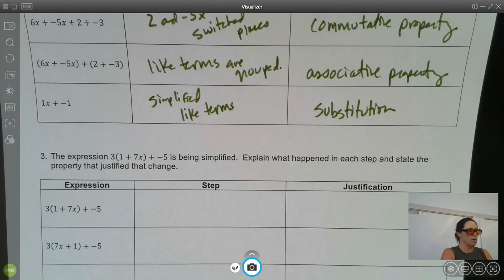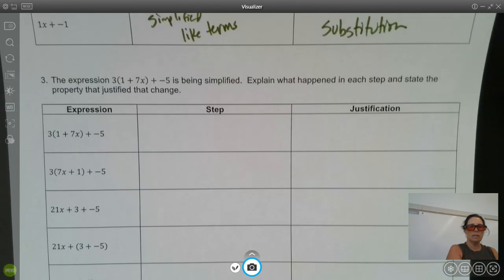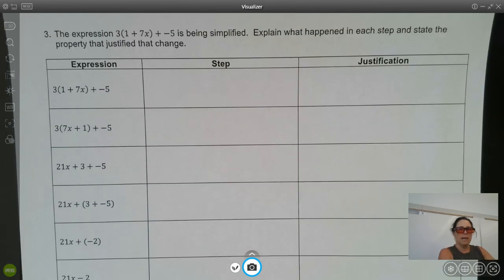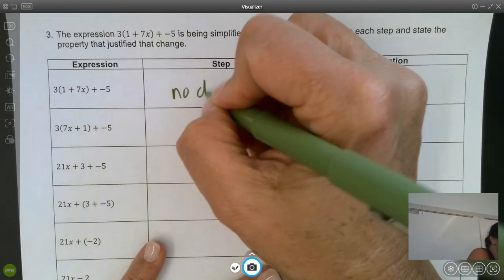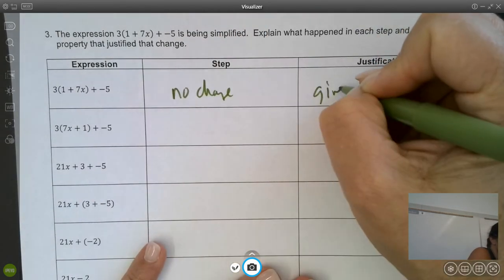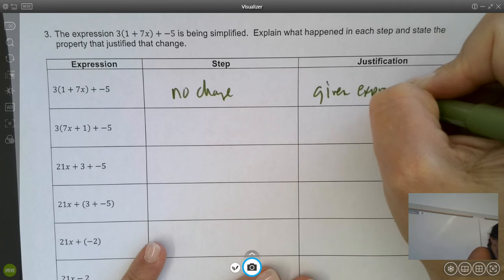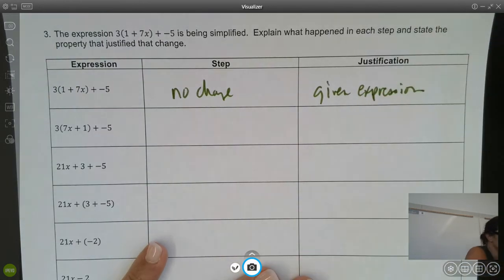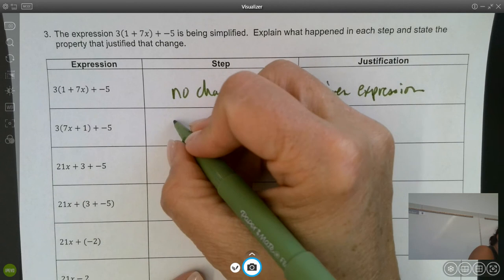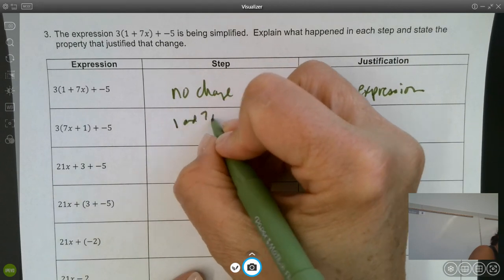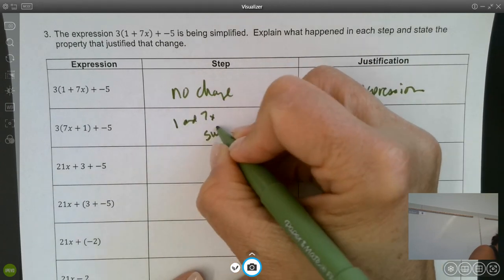All righty, one more. That expression is being simplified. Here we go. No change, given expression. The 1 and the 7x switched.